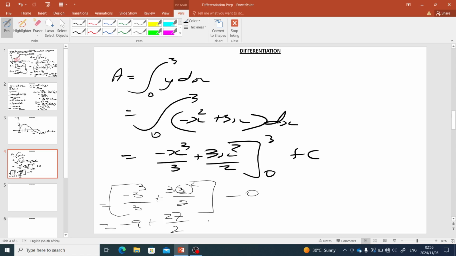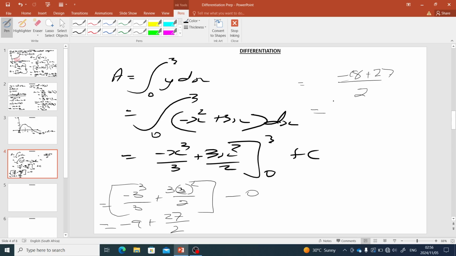We can then take out the lowest common denominator, which is 2. How many times does 2 go into 1? 2 times, 2 times negative 9 is negative 18 plus 27.